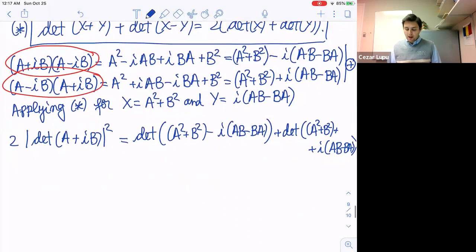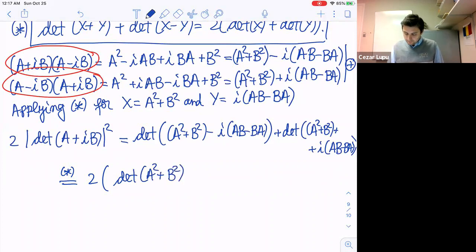Okay, now we will use this identity. So using star here, we will get that this last thing will be equal to 2 times the determinant of a squared plus b squared plus the determinant of i times AB minus BA.